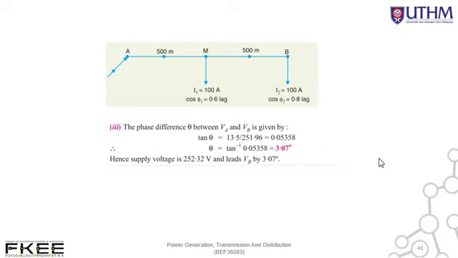So theta A minus theta B is 3.07 minus 0, which equals 3.07. In conclusion, the supply voltage VA is 252.32 and its phasor will lead VB by 3.07 degrees.